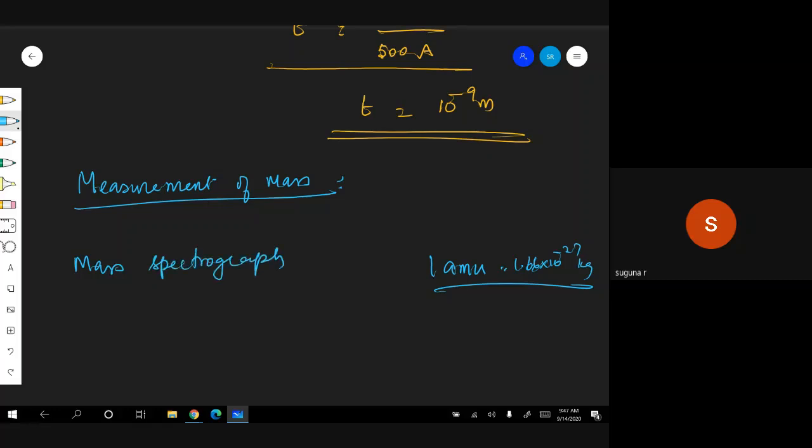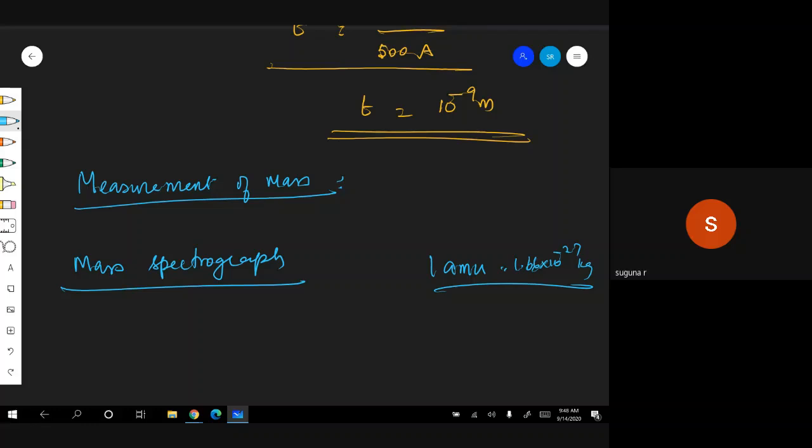Okay, and by using this mass spectrograph, you can very easily find out. The charged particles are allowed to go inside the field region, where uniform electric and magnetic field is there. So once they are allowed to move, they will take an approximately circular path.